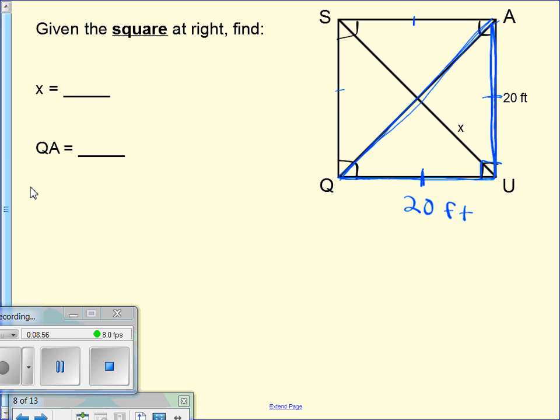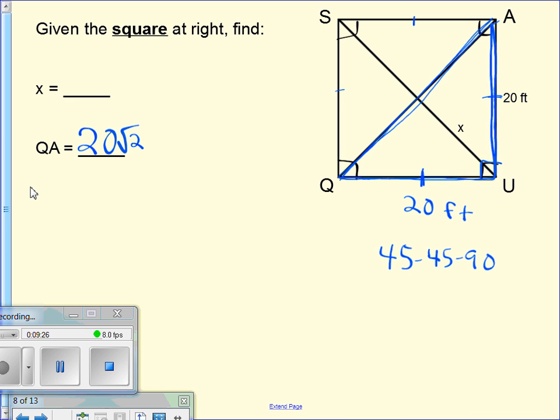In other words, my 45, 45, 90 right triangle. And I know some special rules for that. I know that the short leg times root 2 is the length of the hypotenuse. So if my short leg's 20, QA, no, not root 3, sorry, root 2. This is 20 root 2.